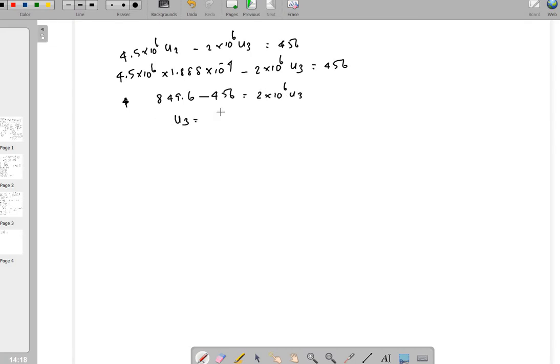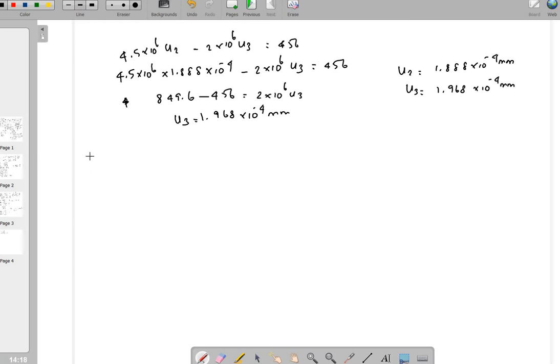Finding the u3 value, it is 1.968 into 10 power minus 4 mm. So we got the displacements: u2 is 1.888 into 10 power minus 4 mm, and u3 is 1.968 into 10 power minus 4 mm.